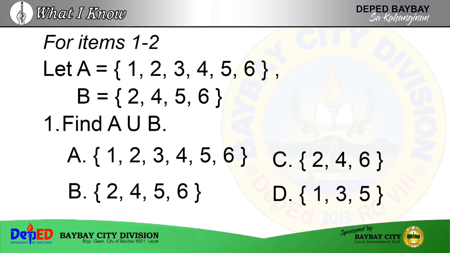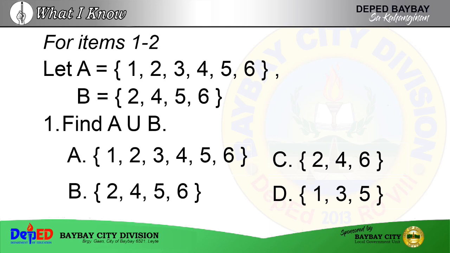For items 1 to 2, let set A equal the elements 1, 2, 3, 4, 5, and 6. Set B equals the elements 2, 4, 5, and 6. First, find A union B. Letter A, the set of 1, 2, 3, 4, 5, and 6.